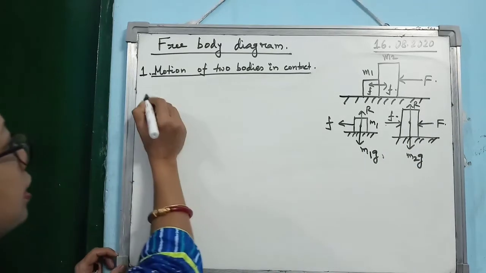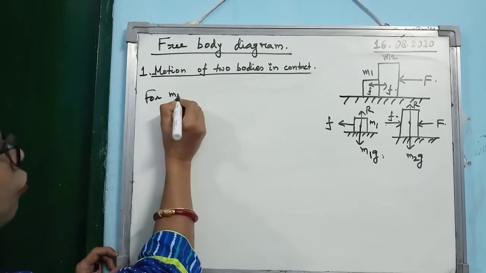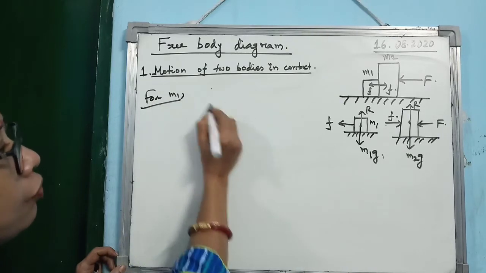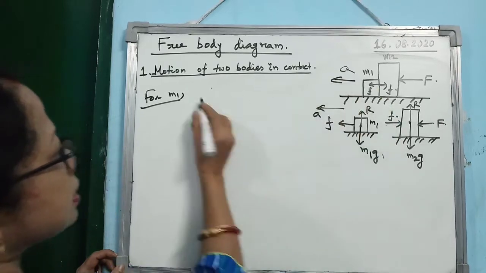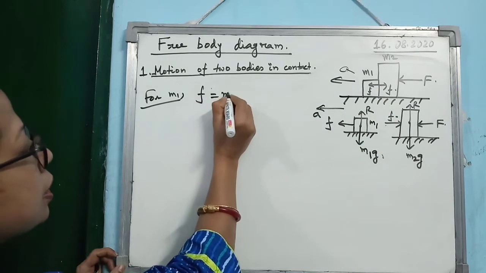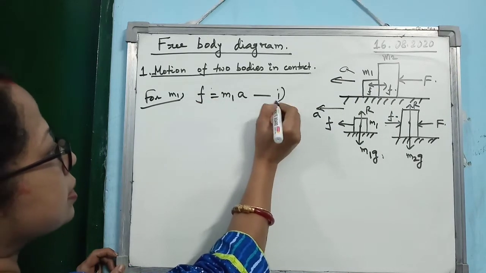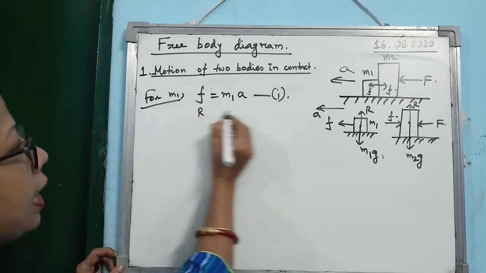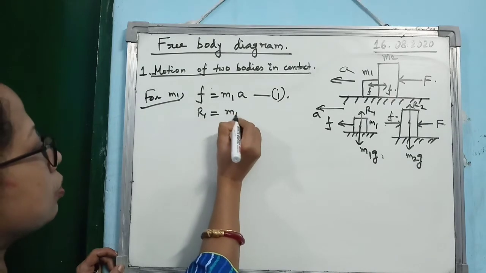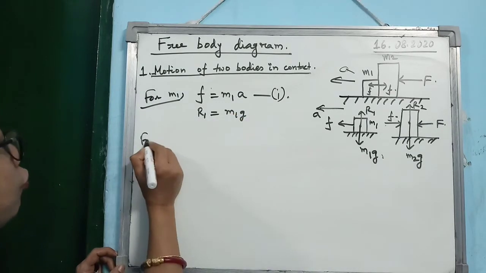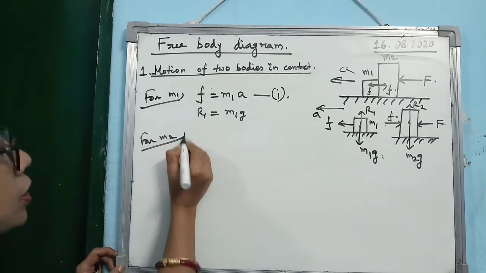So you see, now for M1, if you consider that acceleration A is in this direction of the system, you can write f is equal to M1 into A. This is the first equation, and this is R1, this is R2. Again R1 is equal to M1G. Now for M2, what are the equations you are getting?